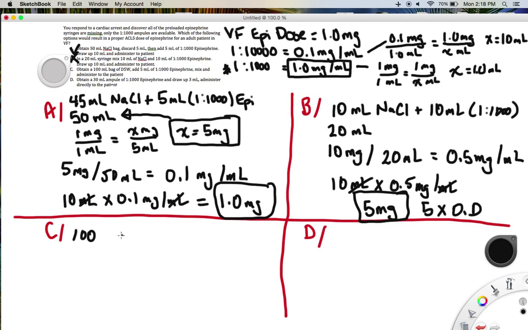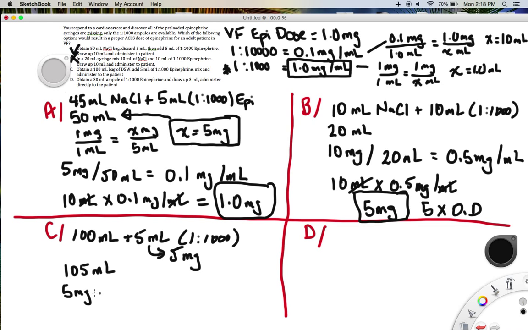C, obtain a 100 mil bag of D5W and add 5 mils. So we've got 100 mils, we add 5 of 1 in 1,000, and mix it and administer to the patient. So now we've got 5 mils of 1 in 1,000. That's the same thing as saying 5 milligrams. Remember, 1 milligram per mil. 5 mils would be 5 milligrams. So our total volume here is 105 mils. Of that, 5 milligrams is drug.